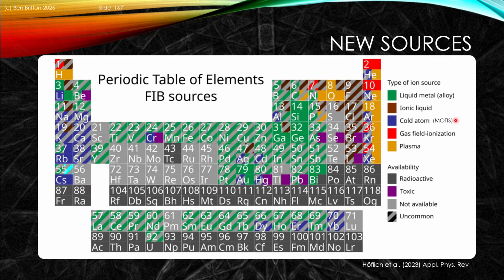I'm going to just show one relatively emerging source in a moment, which is the cold atom MOTIS source, and there are a few others, such as ionic liquids, that enable you to access other ions. Ultimately, the benefit of using these different sources is we get to open up the periodic table to enable us to change effectively the ion-matter interactions that are present, changing things like implantation, evaporation, alloying, etc.